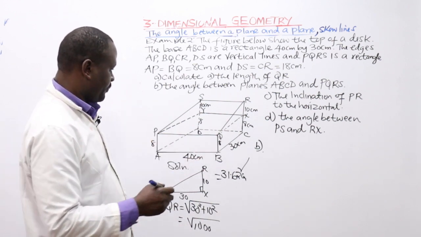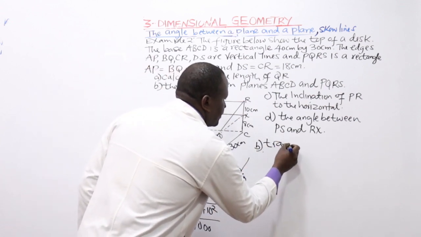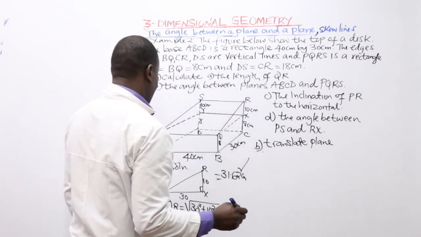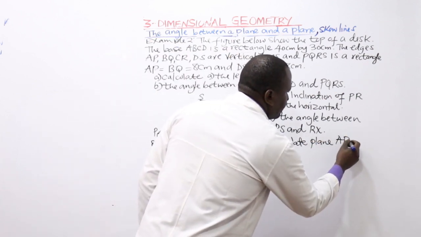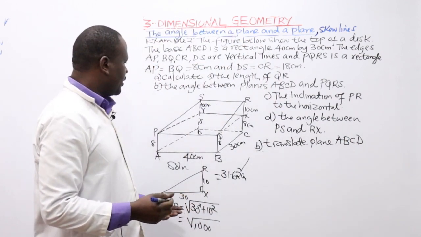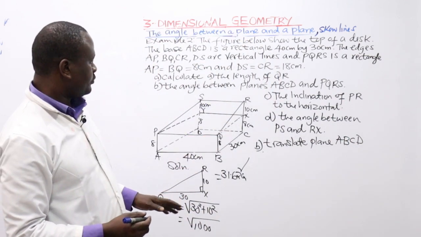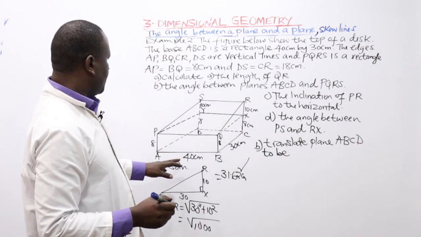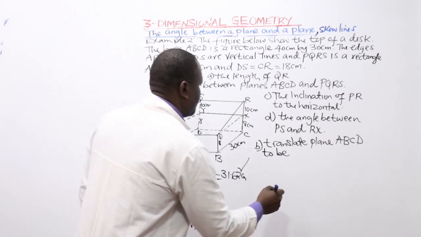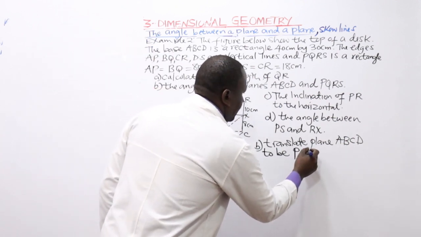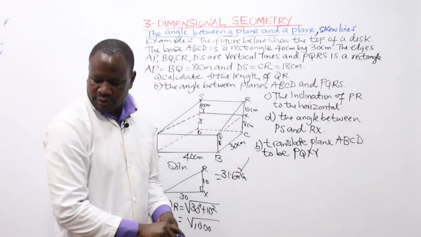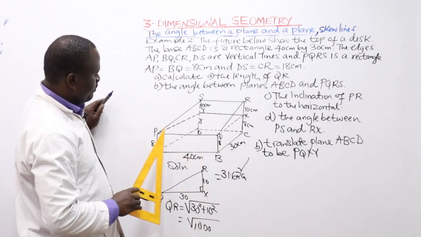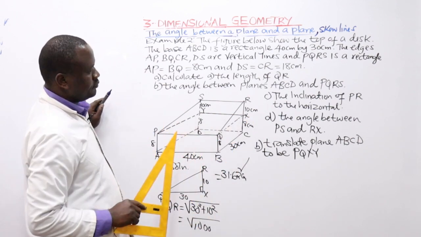Therefore, we translate plane ABCD, because they are parallel and equal, to be PQXY. So this plane, the base, has been lifted to be PQXY.